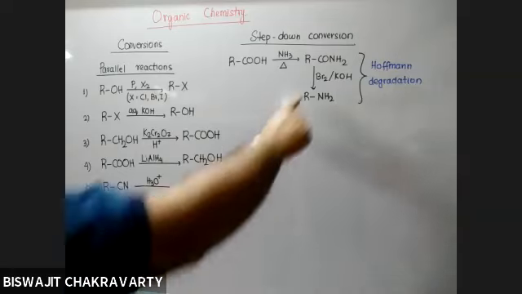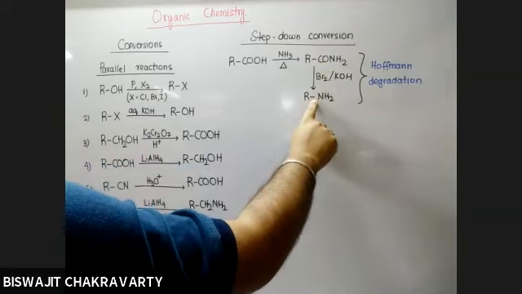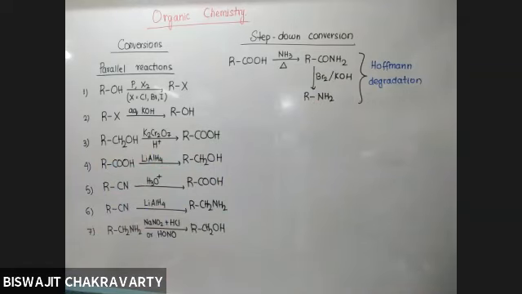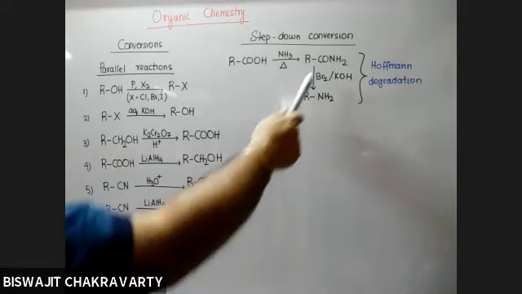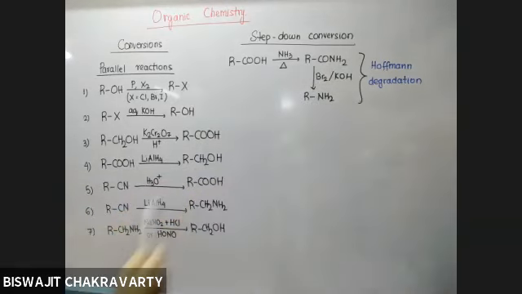Immediately the CO part will vanish, going along with other byproducts, the details of which you will get in the amines chapter. For the time being, we are applying the Hoffman degradation and decreasing the number of carbon atoms. So is this reaction not step down conversion? Yes, the number of carbon atoms are decreasing, isn't it?